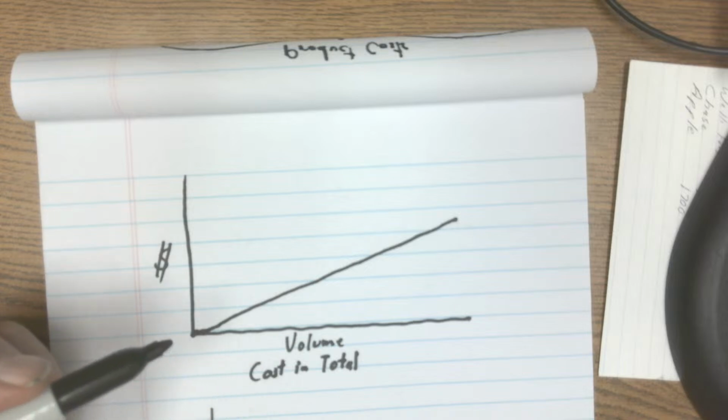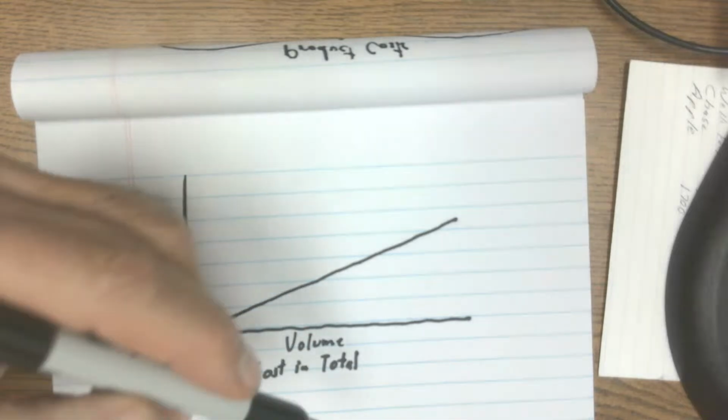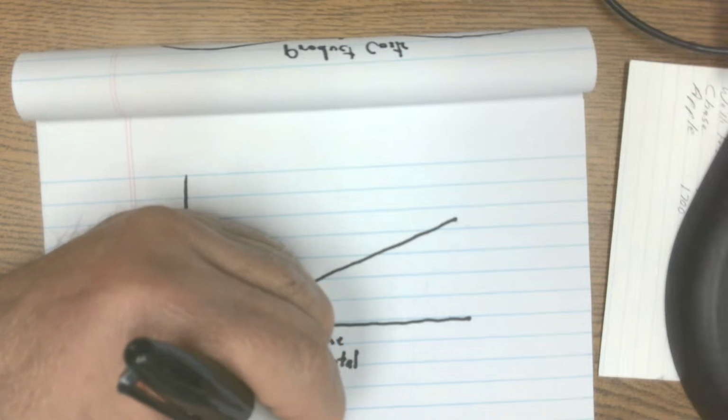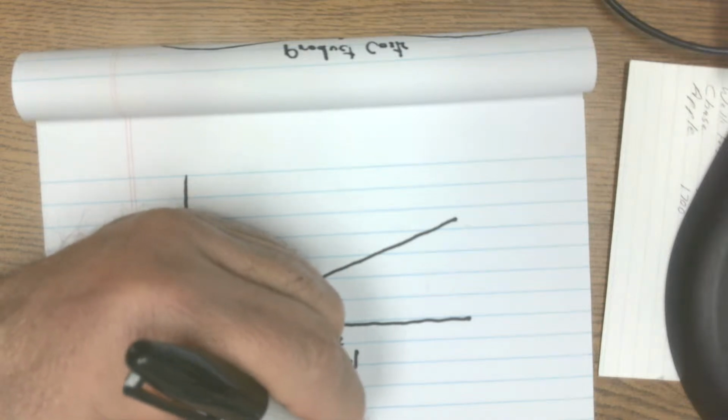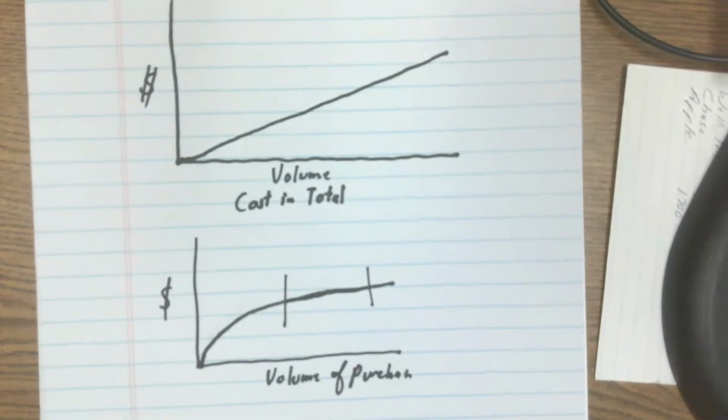So what happens here is something known as the relevant range. And you can see it's not perfect, but it's almost linear here, right? There's a little bit of a bump, but it's almost linear. What we talk about when we talk about the relevant range is the range that we will be operating in.